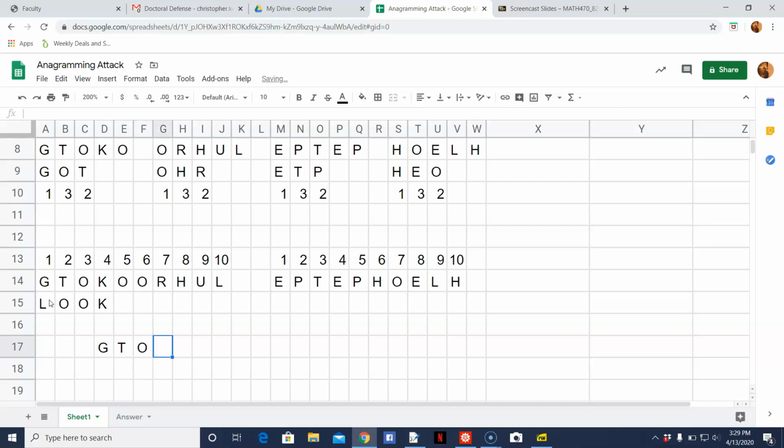I still have an O left. I have an R, an H, and a U. So on its own, it doesn't make a word.